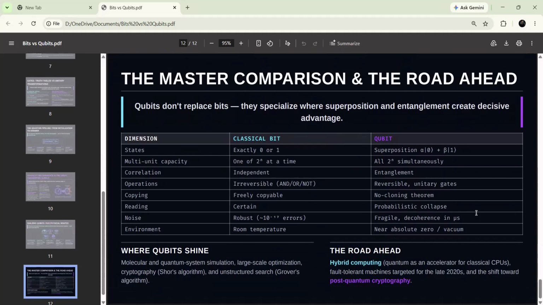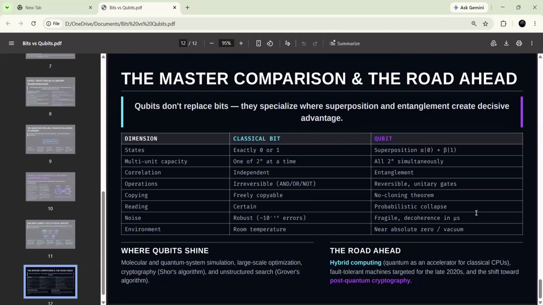So now you see the comparison: classical bit versus qubit. Qubits are not going to replace bits, but they are going to specialize where superposition and entanglement create a decisive advantage. A classical bit exists in the zero state or one state, but a qubit exists in both states simultaneously.